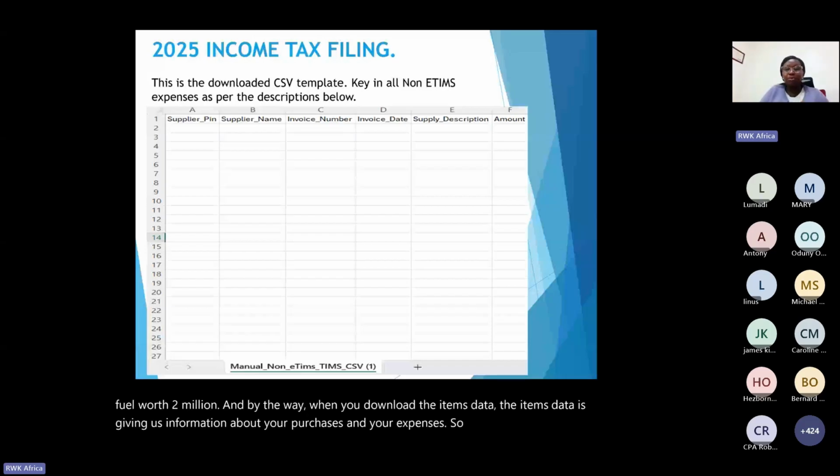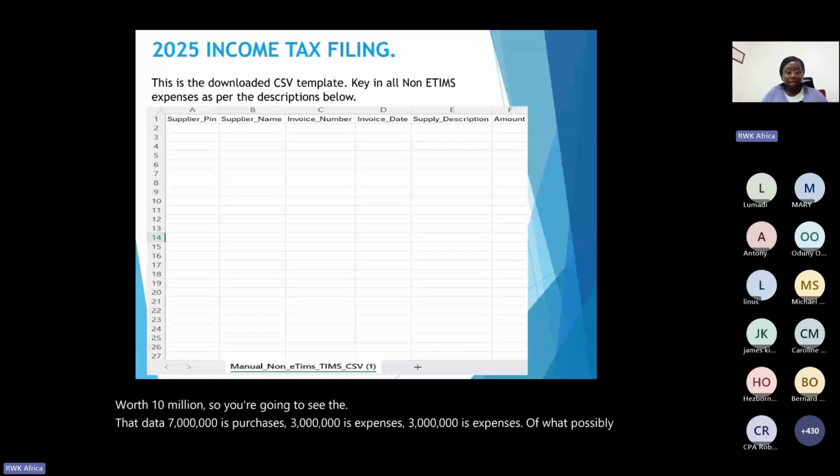For instance, you have purchases worth 10 million. You're going to see the data, 7 million is purchases, 3 million is expenses. 3 million is expenses of what? Possibly expenses of fuel, electricity, repairs. Make sure that you analyze that.